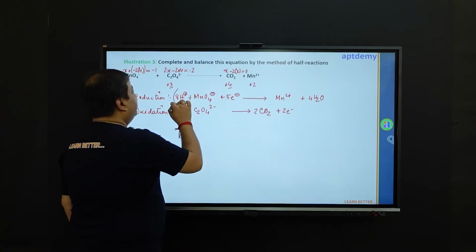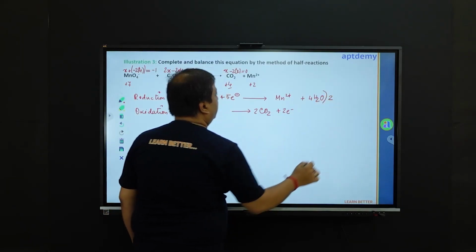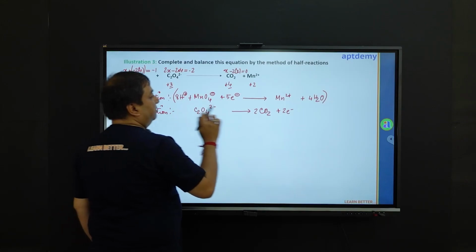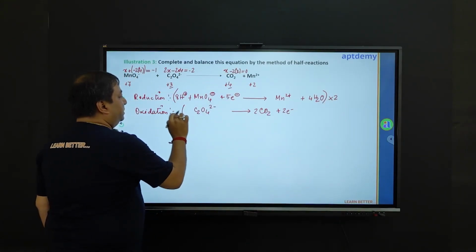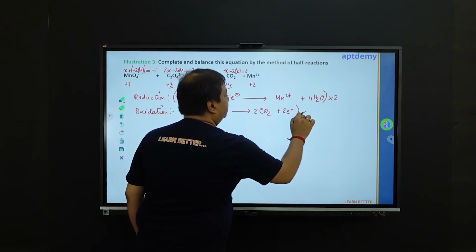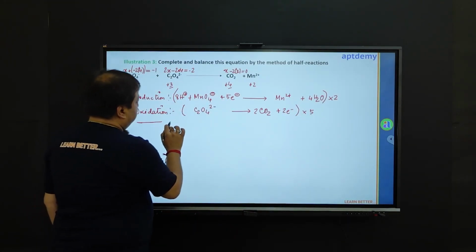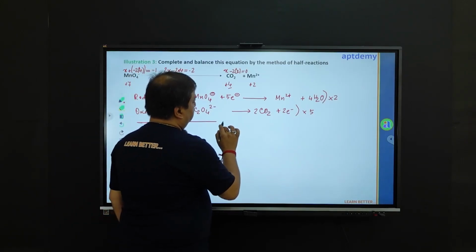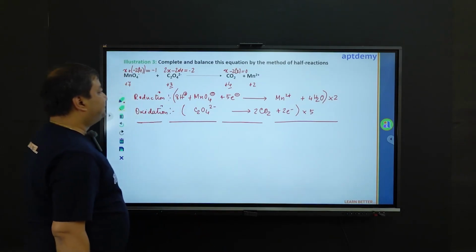So what we would do, we will multiply the first equation with 2. Better to write like this. And the second equation with 5. And then let us combine both the equations to get the final equation.